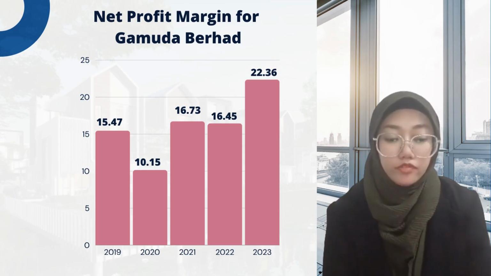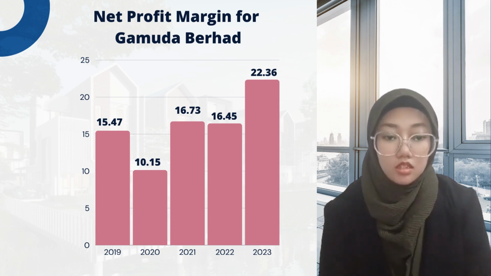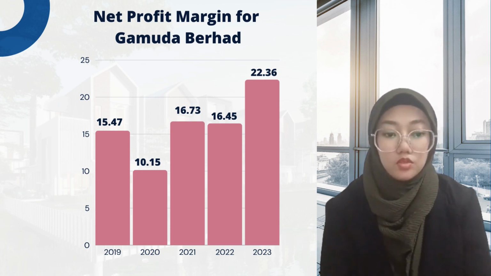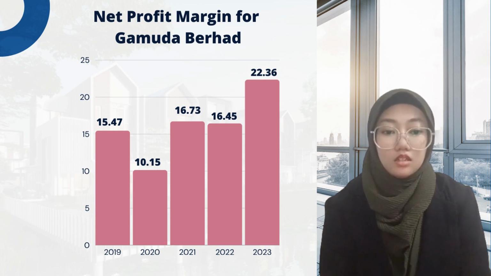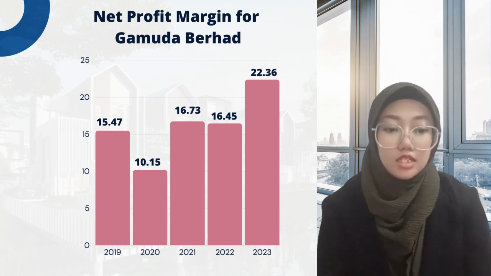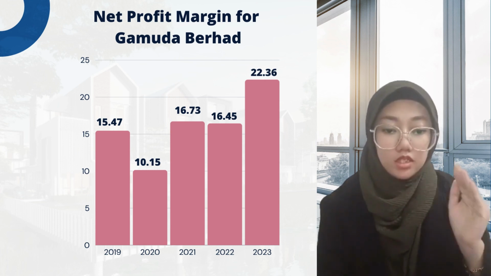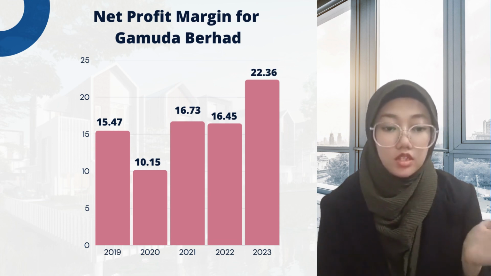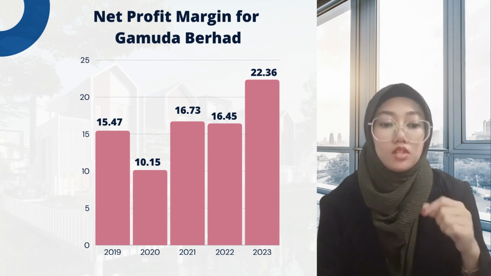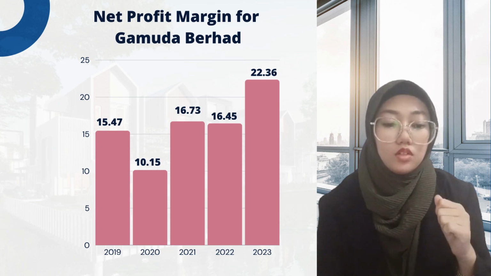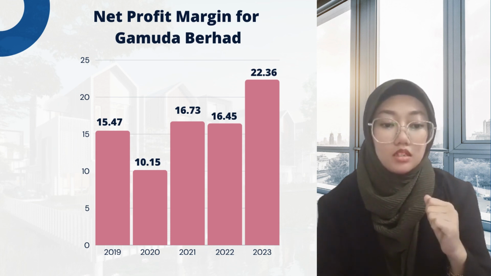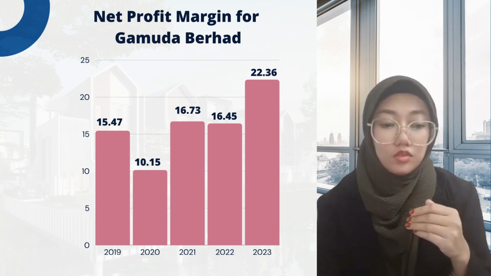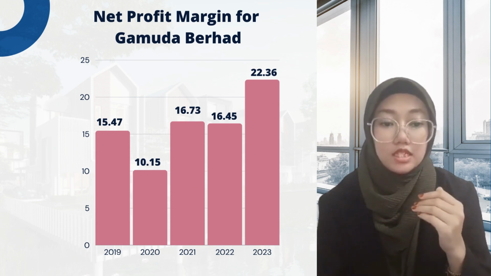The profit margin for Gamuda Berhad looks like it is fluctuating, but if you see it really carefully, it is actually increasing year by year, starting from 2020 until the current year 2023. Their highest result for profit margin was in 2023 with a record of 22.36.